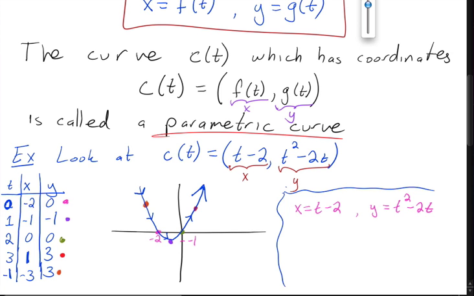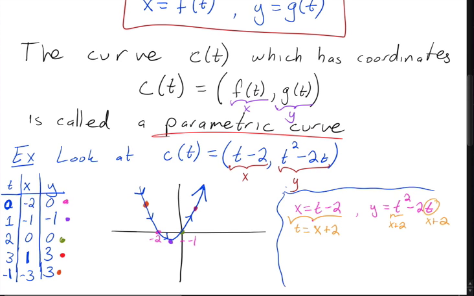Solve for t in one and then plug it into the other. From this one, we get that t is equal to x plus 2, and then we can put that into the t's over here.